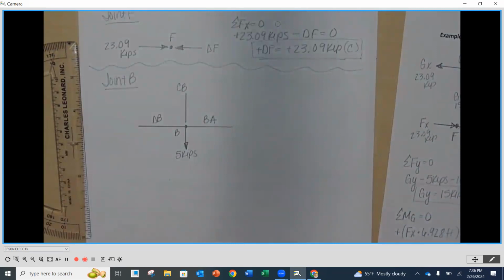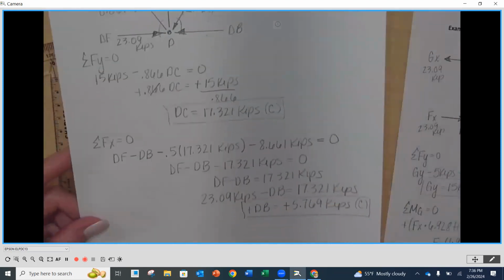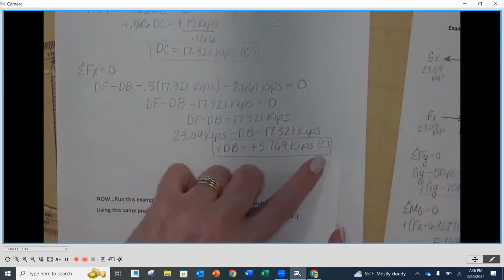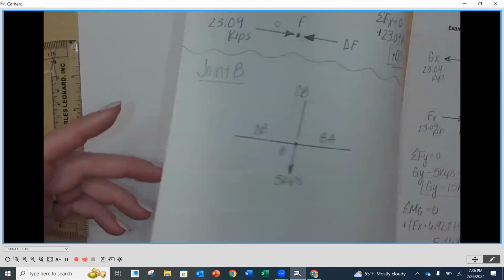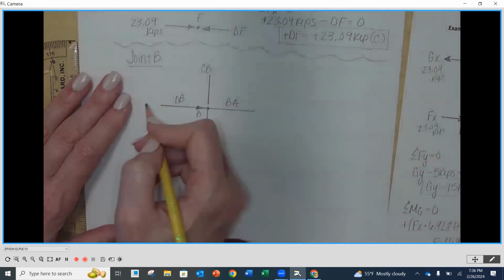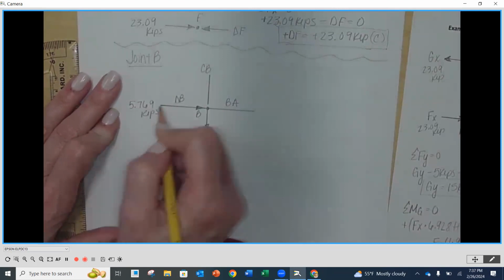So we already did D. So we can look back to see what DB was. DB was 5.769 in compression. So that means that it's going to be in compression on B. It's going to go to the right, 5.769 kips.